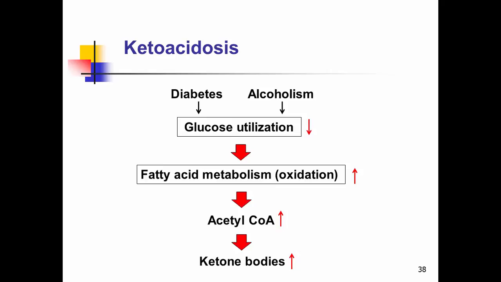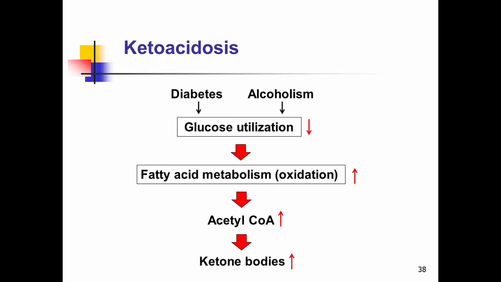They drink alcohol. So in alcoholism, you have less glucose being made through gluconeogenesis, or you eat less food, so less dietary carbohydrate is available. So all these reasons similarly cause glucose utilization to decrease.